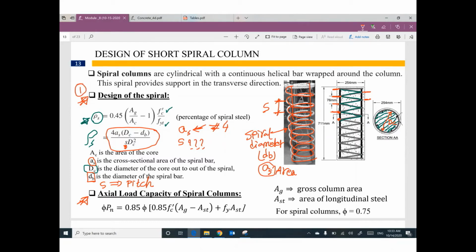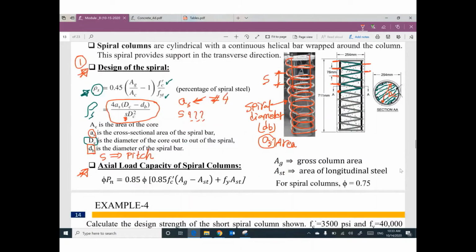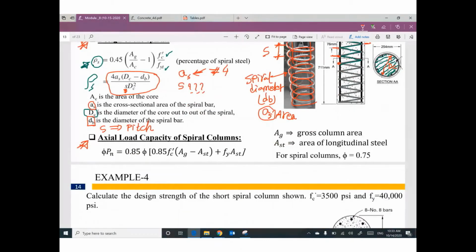Second part, the design strength of a spiral column equals phi times 0.85 times (0.85 F prime C times (area gross minus area steel) plus F yield times area steel). Wow. Can you see this equation? What do you think about this equation?